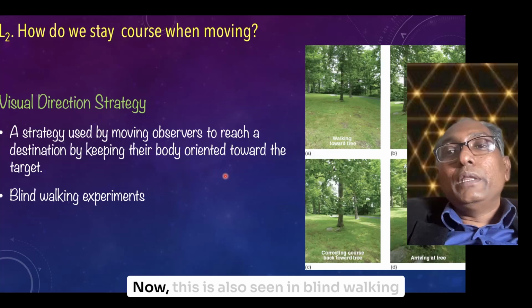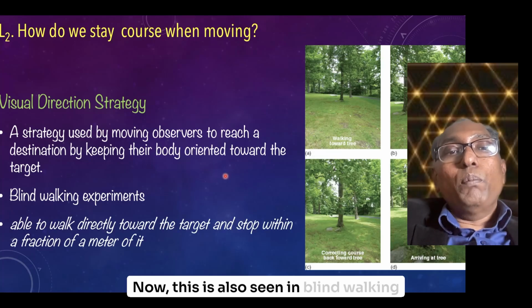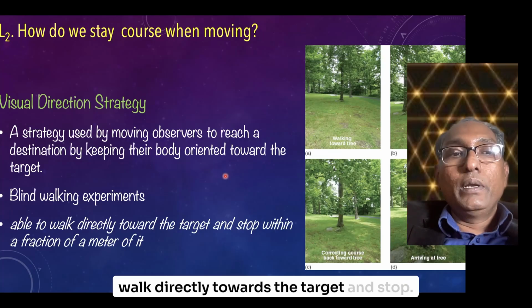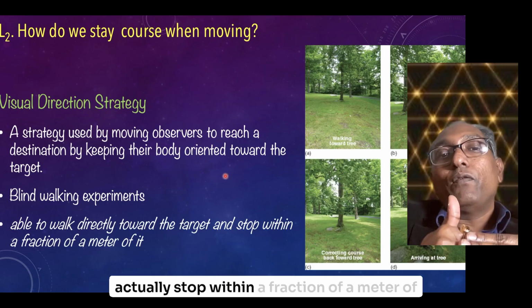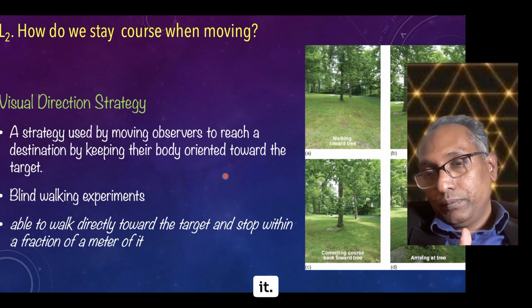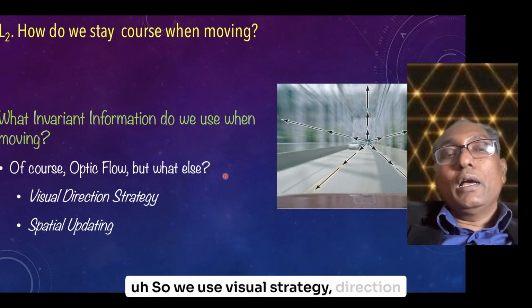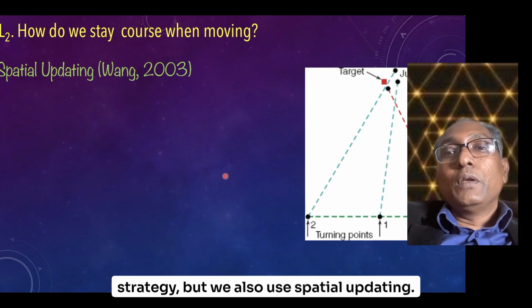This is also seen in blind walking experiments where participants were asked to walk directly towards the target and stop, and they found that people were able to actually stop within a fraction of a meter of it.